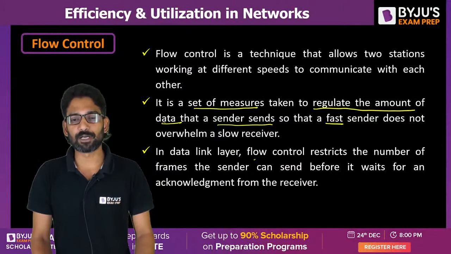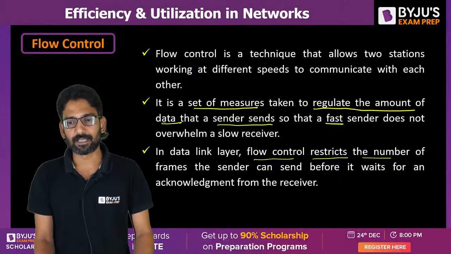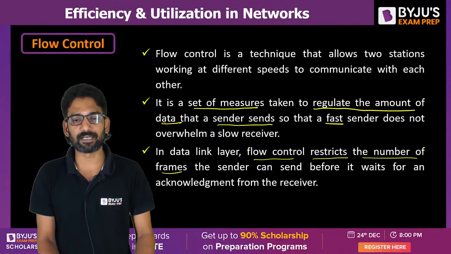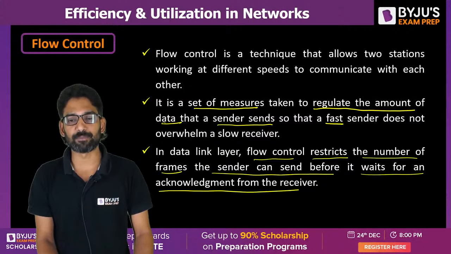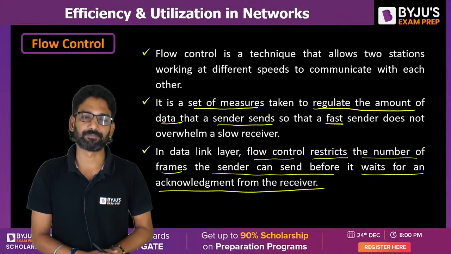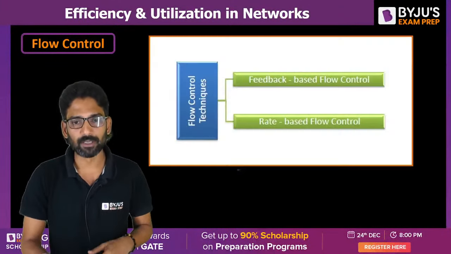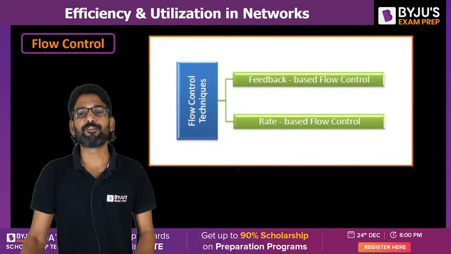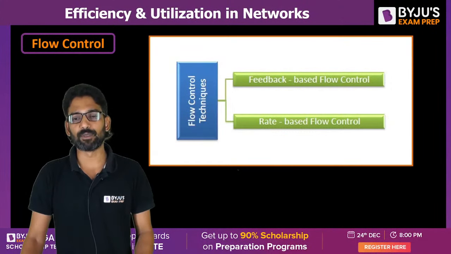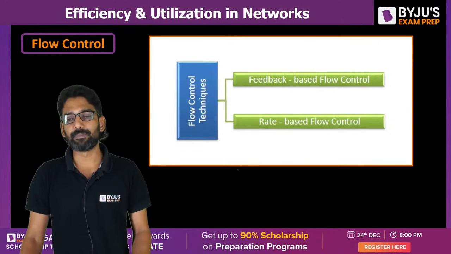Flow control restricts the number of frames that the sender can send before it waits for an acknowledgement from the receiver. This flow control we can understand in two ways: one is feedback based flow control, the other is rate based flow control.